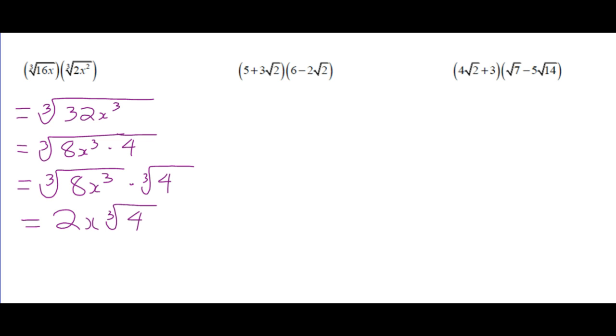It's not like getting 243, that's a pretty big number. 32, small enough. 8, that's the one that goes into it. We could have written this guy here as 2 cube root 2x, and then got the 4 under there and the x cubed. So there are multiple ways to approach it. I don't think any one is really that much better than another. It doesn't cost a lot of time.